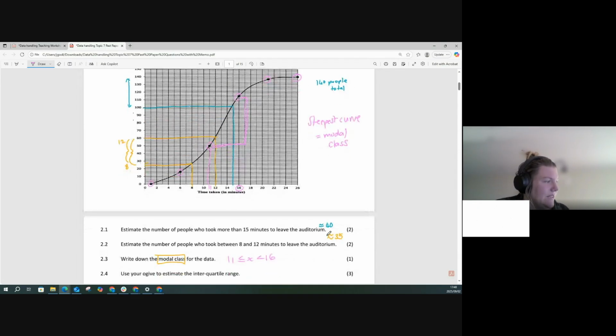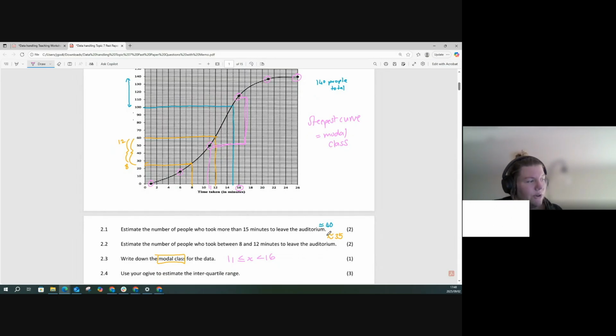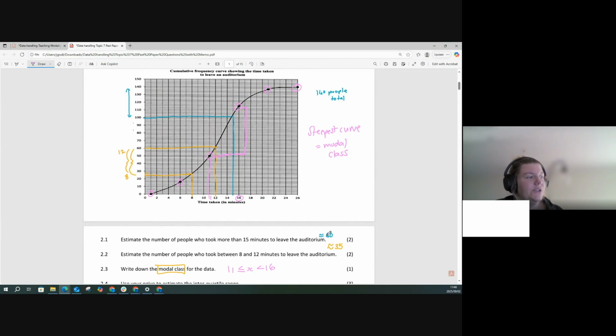Okay, and then the last one of this, use your ogive to estimate the interquartile range. So now what your goal is to try and find the interquartile range. And it's going to be an estimate because we're reading off a graph. So it's not going to be an exact number.